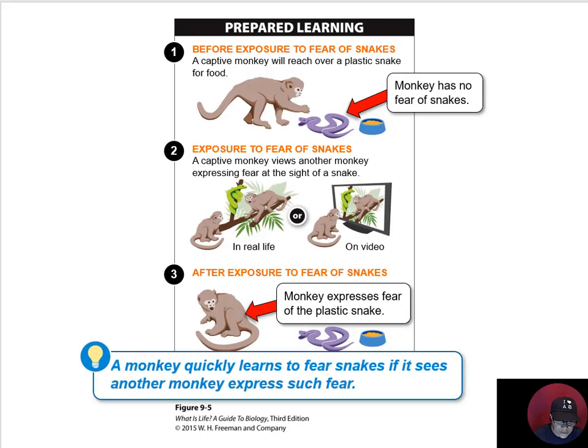But here's something that's very interesting. And if you can figure this out, then please share it with the world. So here we have this monkey, and this monkey has no fear of a snake, right? It's never seen a snake, doesn't know anything about a snake. What is a snake?